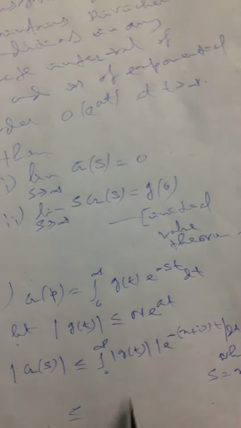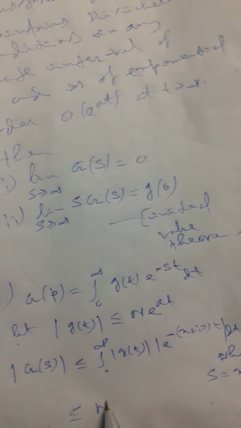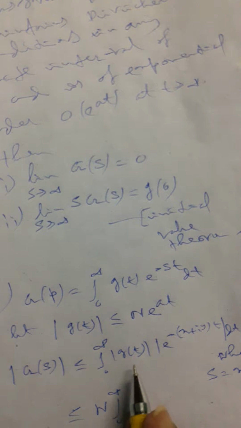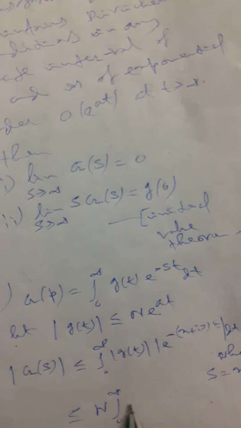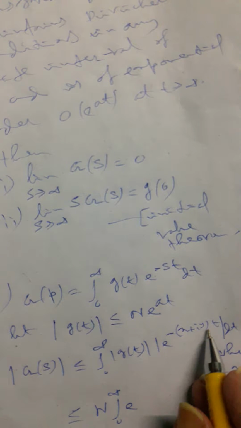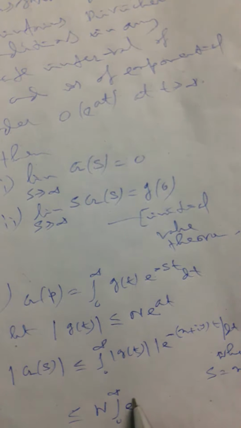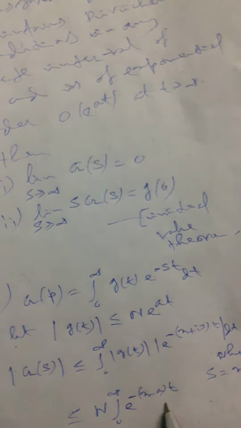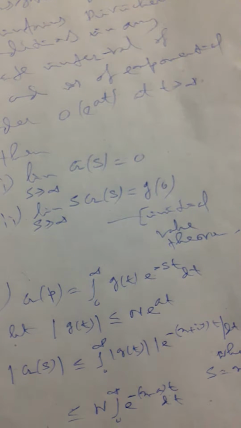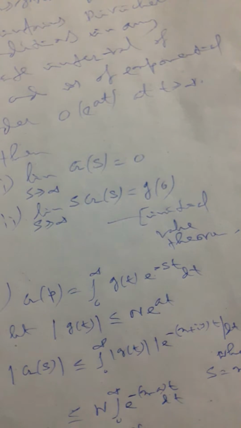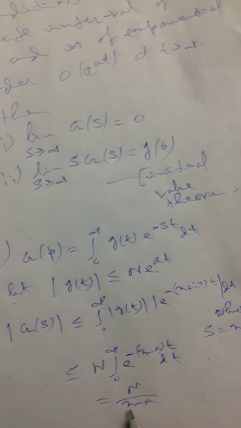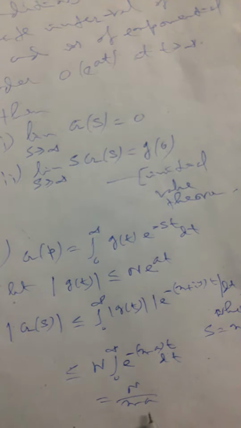So clearly there is a bounded function N into the integral from 0 to infinity, and the mod of e to the power minus iyt is equal to 1, so it will be e to the power minus (x minus a)t dt, which equals N by x minus a.